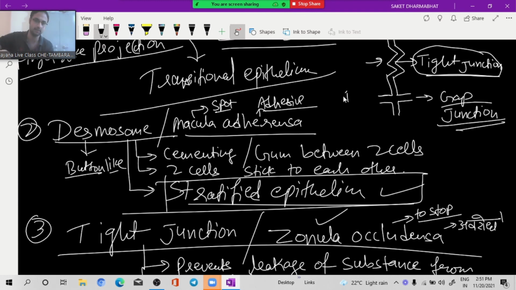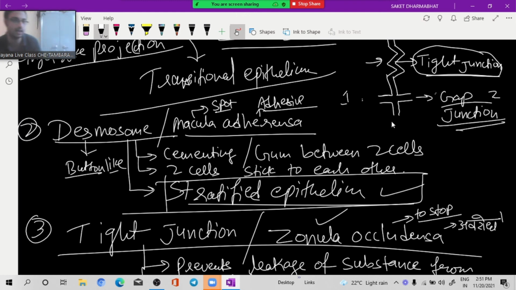Suppose this side cell number 1 is there, this side cell number 2 is there. The gap junction joins the cytoplasm of cell 1 with the cytoplasm of cell 2. Their cytoplasm is in connection with each other with the help of what? Gap junction. In cardiac muscle, it is also called the intercalated disc.